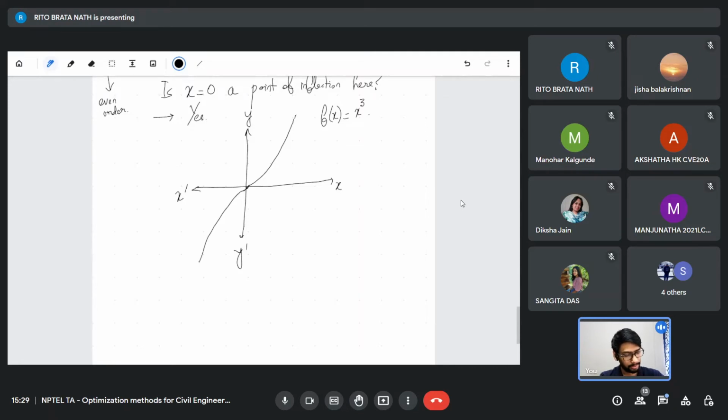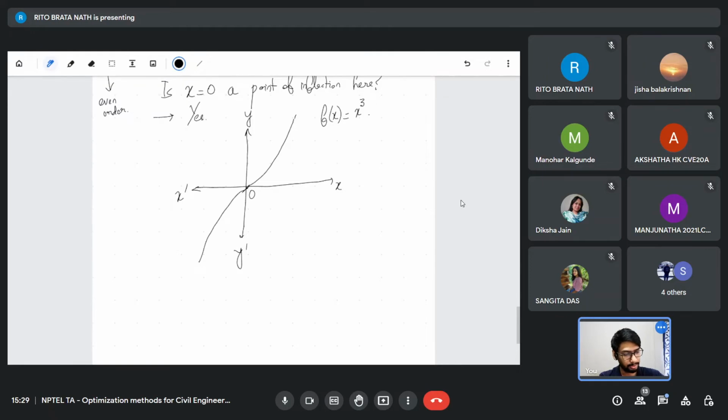When x is greater than 0, it takes positive values. When x is less than 0, it takes negative values. And this is neither a minima nor a maximum. So now why is it called an inflection point?